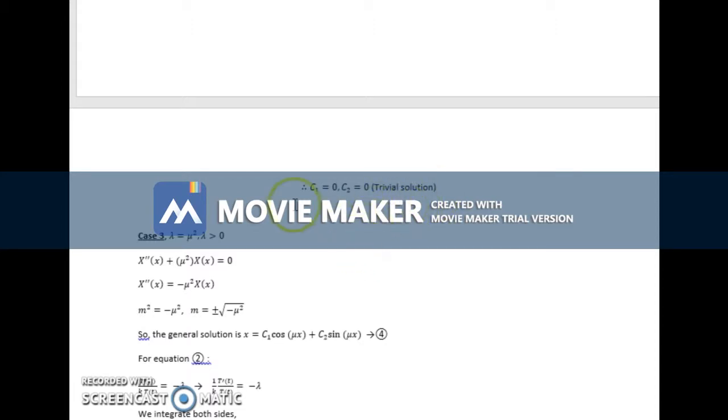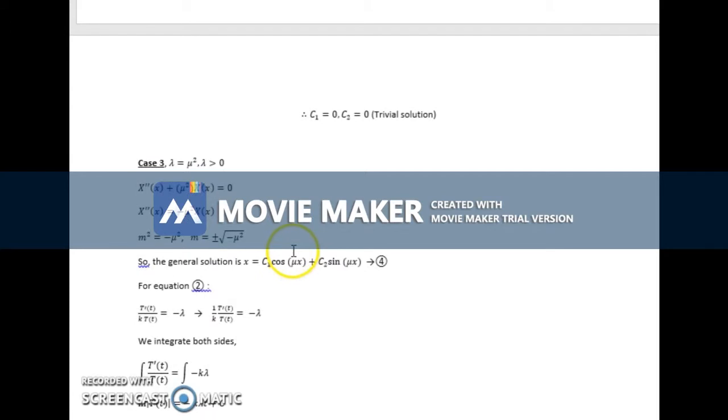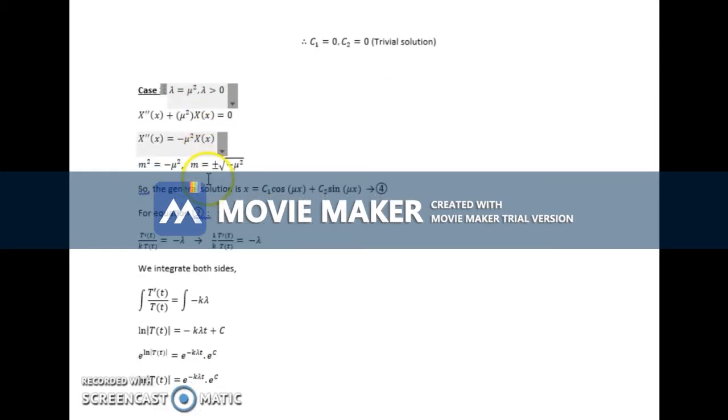So we consider case 3, which is lambda equal to mu squared. From equation 2 just now, we integrate both sides, which is integrate T prime over T equal to integrate negative k lambda.